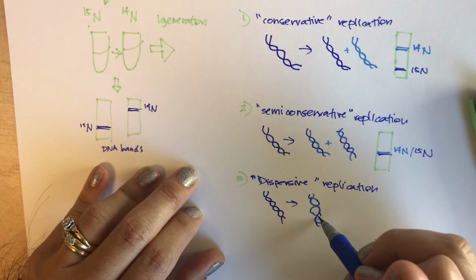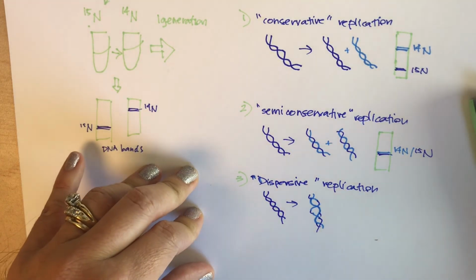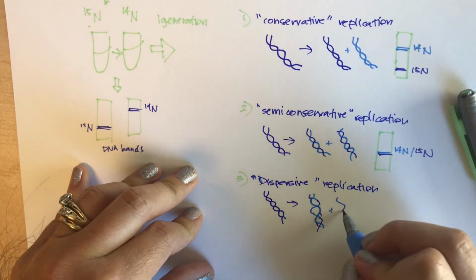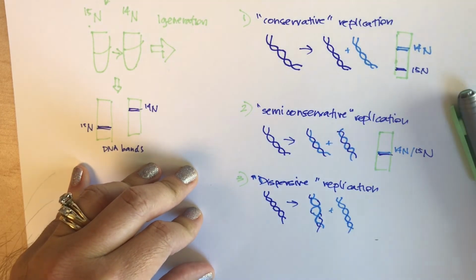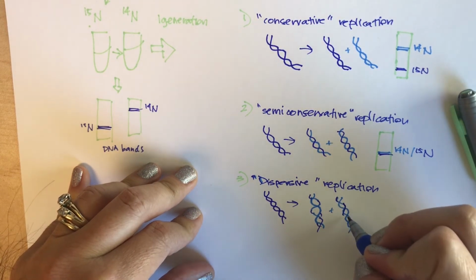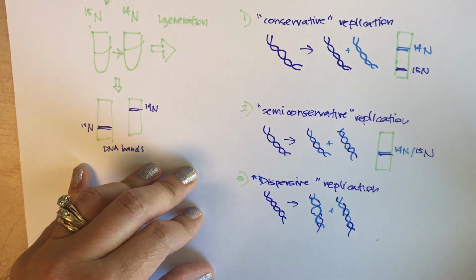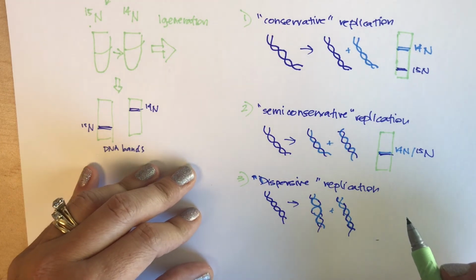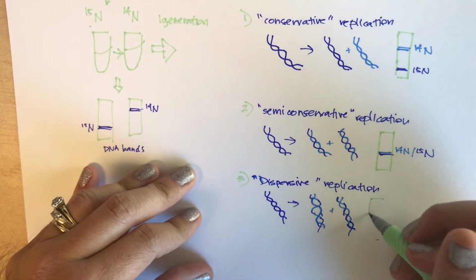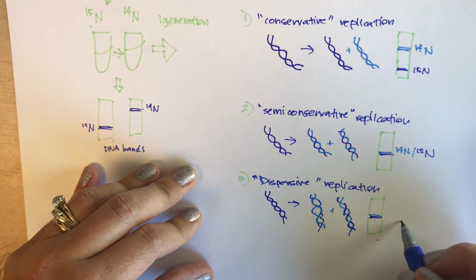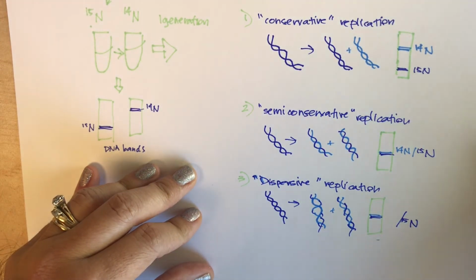Okay, so the old strand gets used in sort of bits and pieces to make the 2 new strands. So each strand of DNA is made up of old and new DNA. Now, if we look at the density gradient, this one is actually going to give us the same result as above because each strand is made of both old DNA and new DNA. So it gives us this middle band that has both the 15N and the 14N DNA in it.